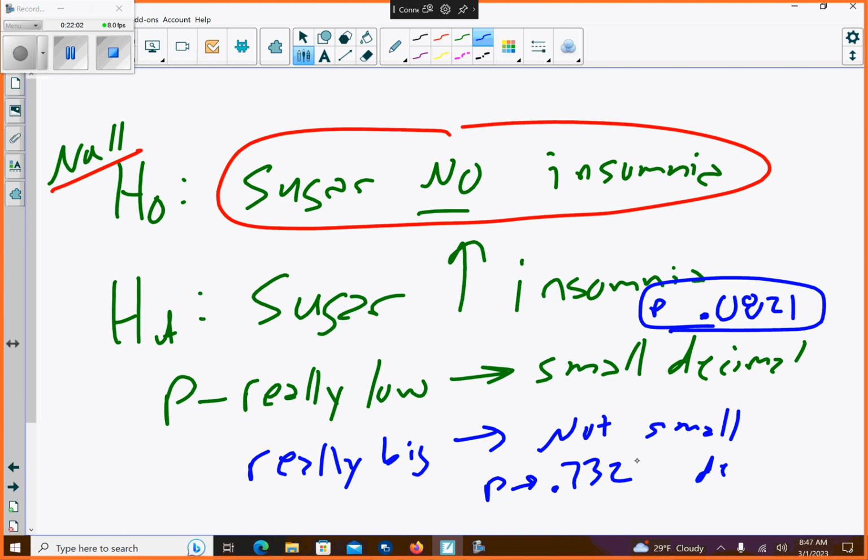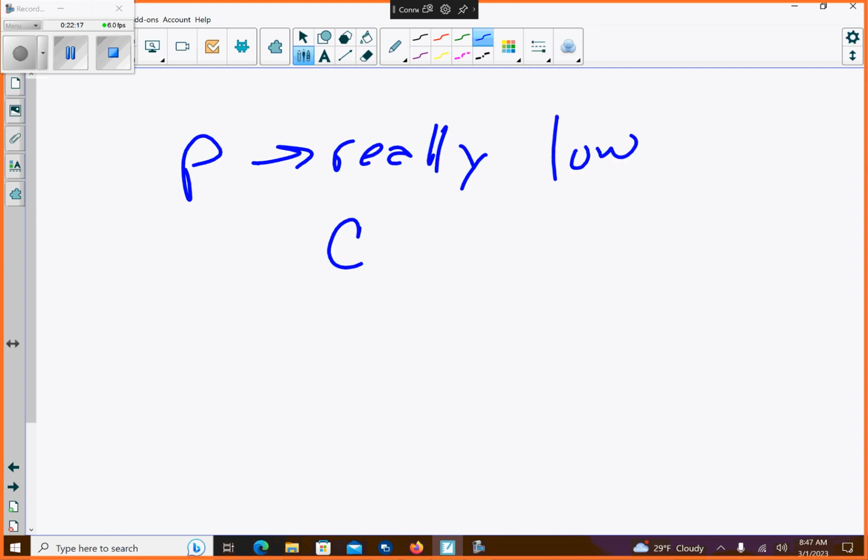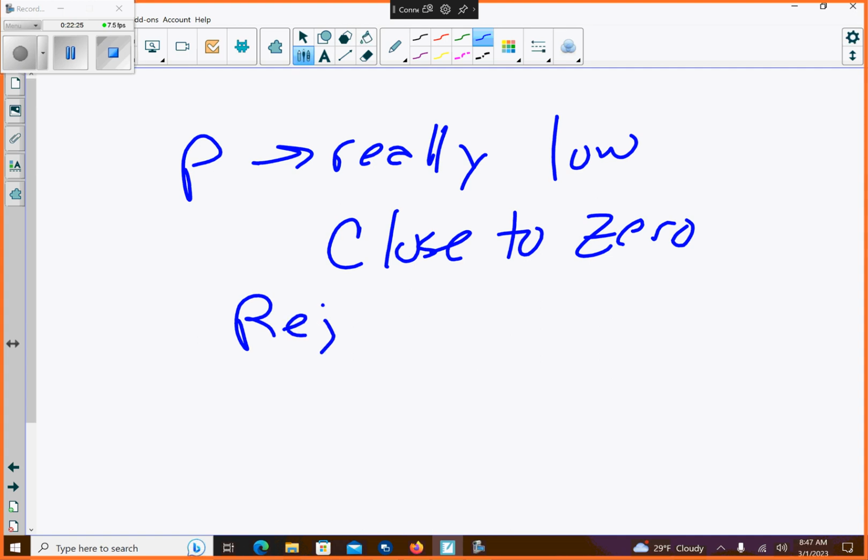The further from 1 it is as a decimal, if our p-value is really low, close to 0, this would say we reject the null. We didn't test the null, we tested the alternative.